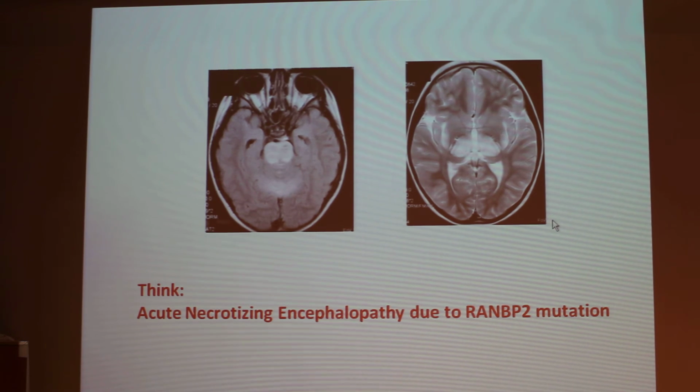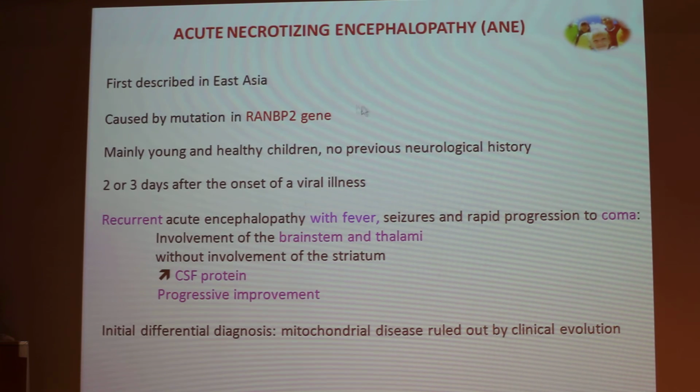It is always the same neuroradiological sign. It was first described in East Asia, and it is mainly young and healthy children, no previous neurological history, and 2 or 3 days after the onset of a viral illness, you have a recurrent acute encephalopathy with fever, seizure, and rapid progression to a coma.